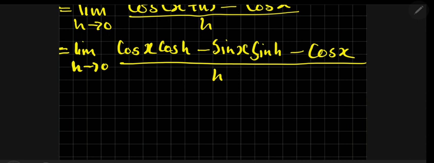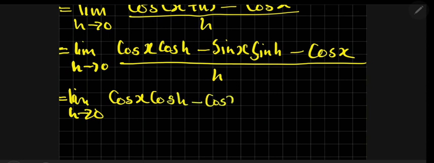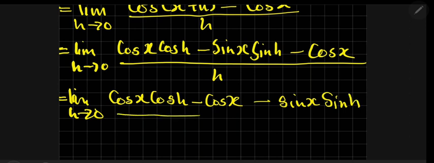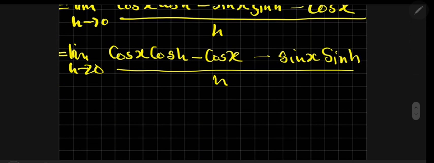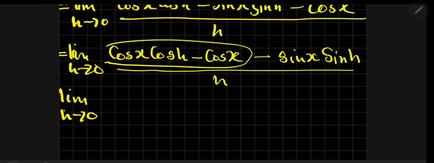So from here, we can say the limit as h is approaching 0, moving this there, we have cosine x multiplied by cosine h minus cosine x, minus sine x multiplied by sine h, over h. And we can factor out cosine x from that expression.